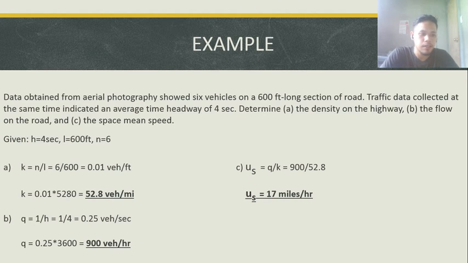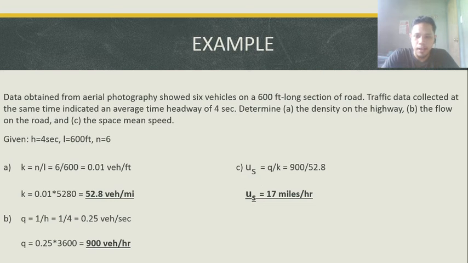Next is the flow, or Q. Q is equal to 1 over H, or 1 over the headway. So 1 over 4 is equal to 0.25 vehicles per second. Converting it to hours, the flow is 900 vehicles per hour.